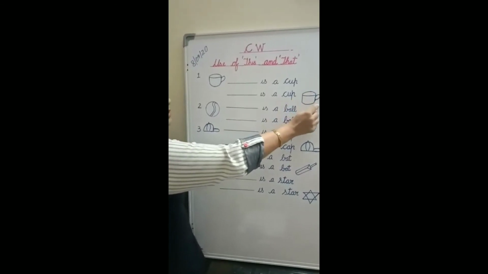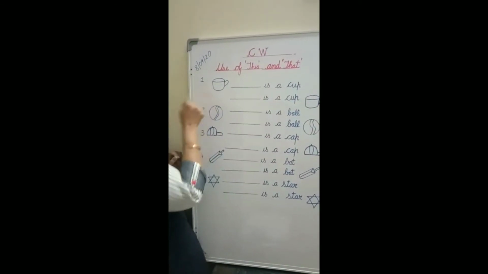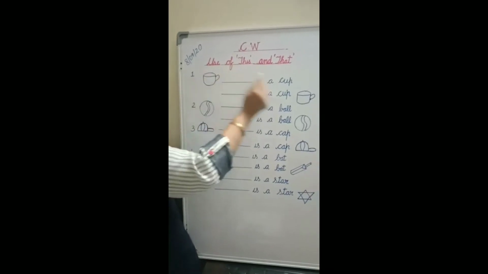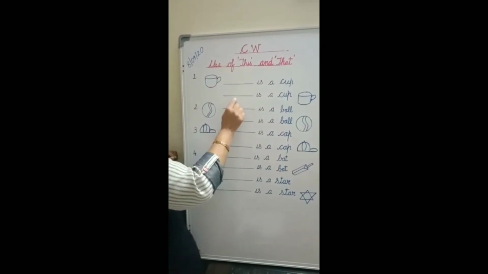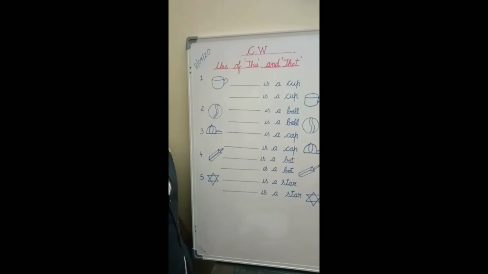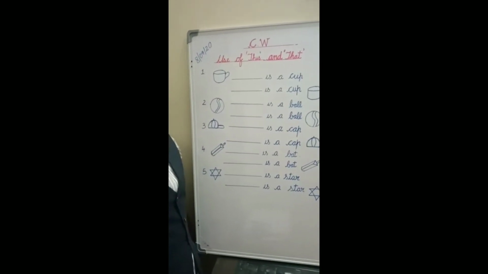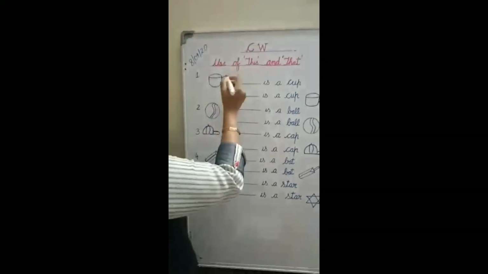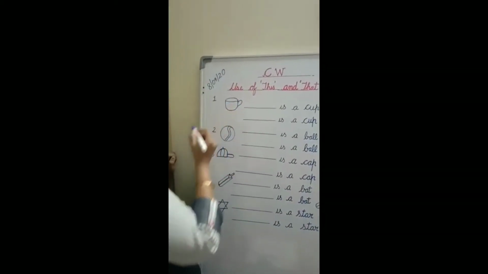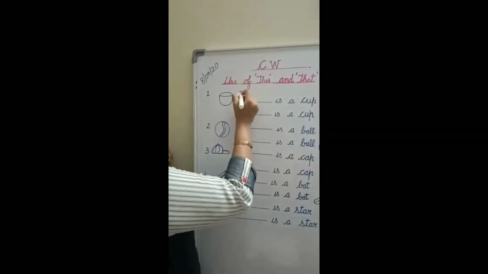The cup is over here, and here the cup is near to ma'am. Here the cup is far away from ma'am. So what are we going to use over here? We are going to use that. That. Okay? See, look here. Here the cup is near to me. So what are we going to write here?